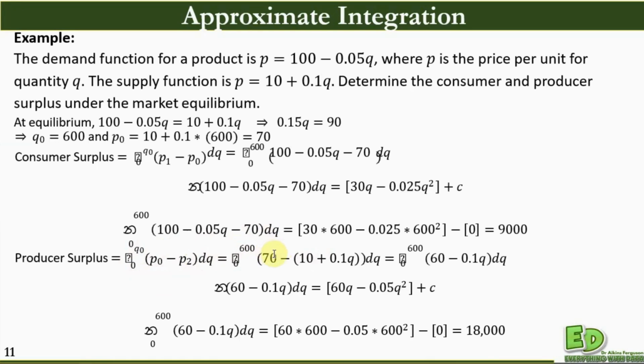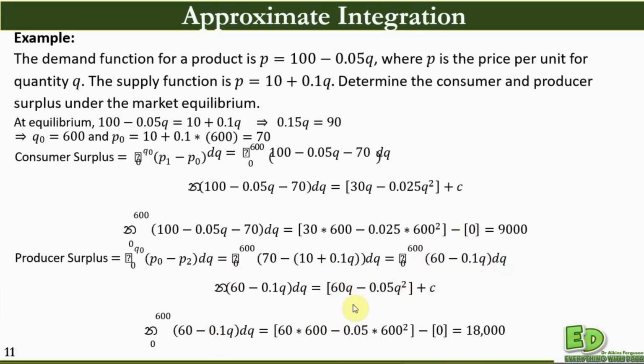The initial price was given as 70, so 70 minus the supply function, 10 plus 0.1Q dQ. After multiplying through by the negative sign and doing our subtraction, you should get 60 minus 0.1Q. Then you integrate this function to get 60Q minus 0.05Q squared.